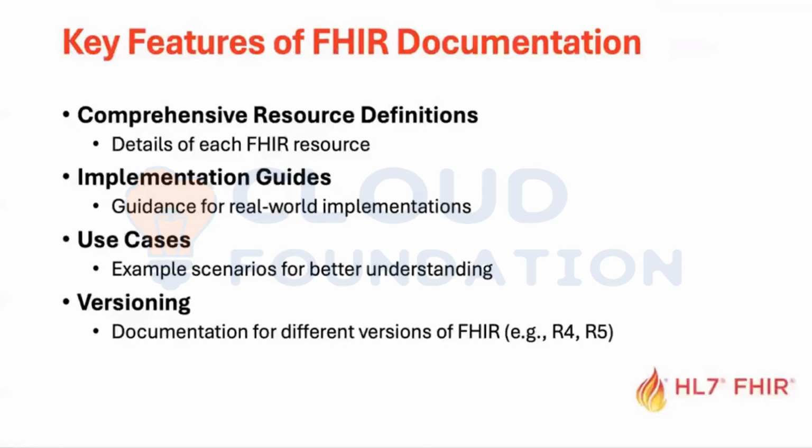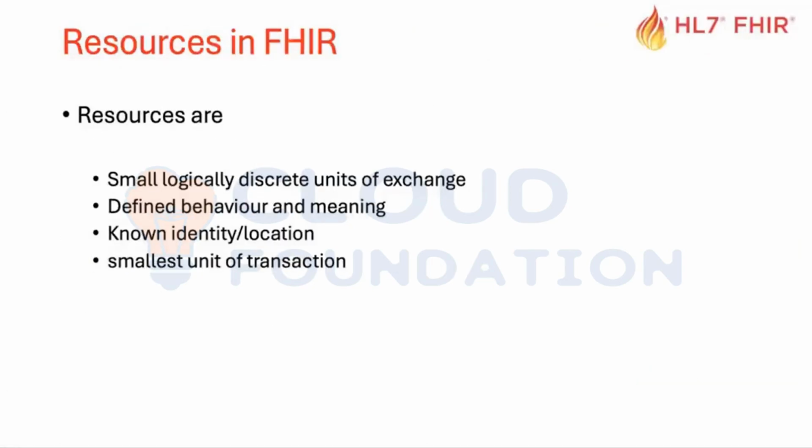We learned about this. Now, these are the resources in FHIR. We are already aware of these resources, but just to keep this in the loop: resources are small, logically discrete units of exchange. They have defined behavior and meaning.